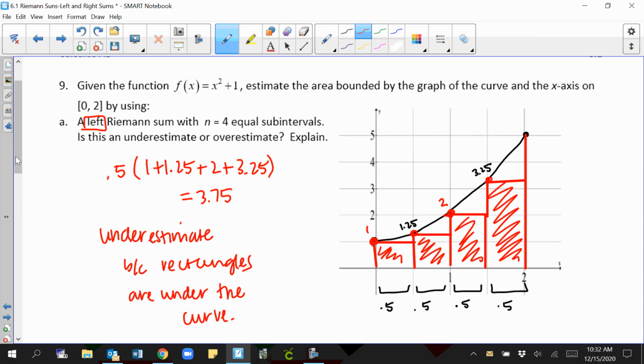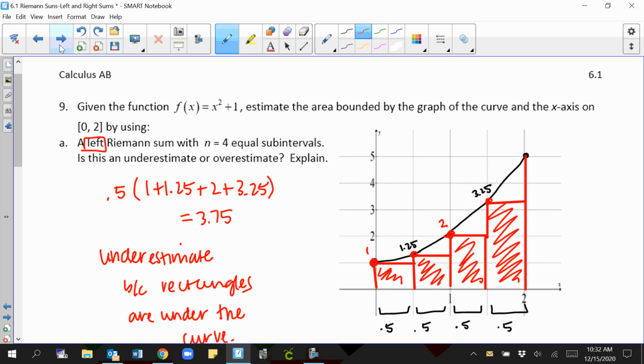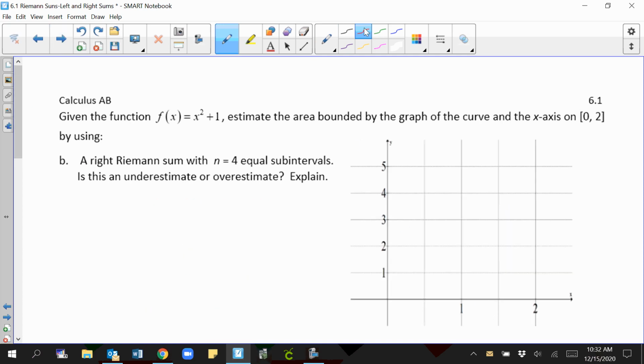And let's look at B here. It's the exact same curve, so I'm going to go ahead and put my points back. I have 1 at 0.5, we're at 1.25, 1 gives me 2, 1.5 is 3.25, and 2 gives me 5. So we've got the same kind of half a parabola here. Pardon my really bad drawings. But this time we are using a right Riemann sum.